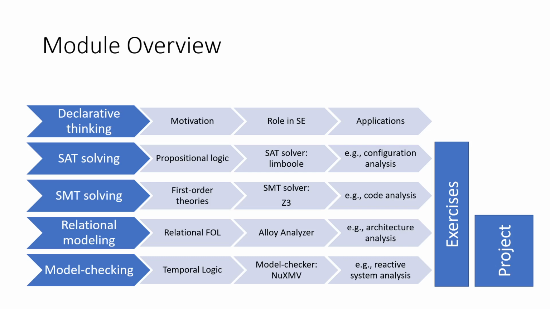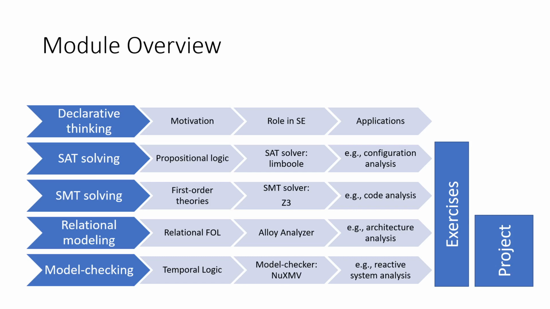We always have this kind of structure where we say we look at the logic, then we look at the tool, and then we look at applications, right? So for propositional, for SAT solving, we looked at propositional logic, we looked at Limbool, and we did some applications like this role-based access and the feature model analysis. Then for SMT solving, we looked at the background of first order logic and what these theories and axioms are.